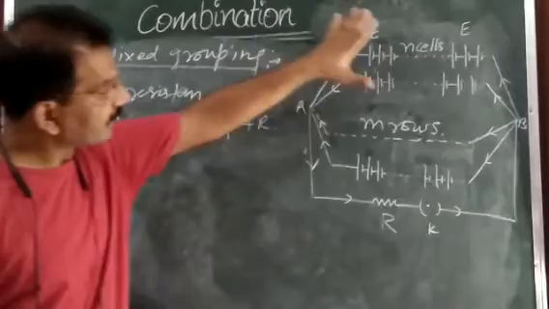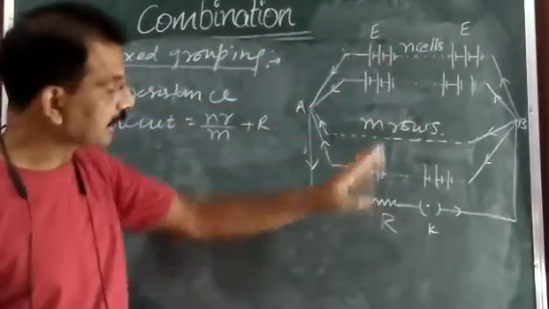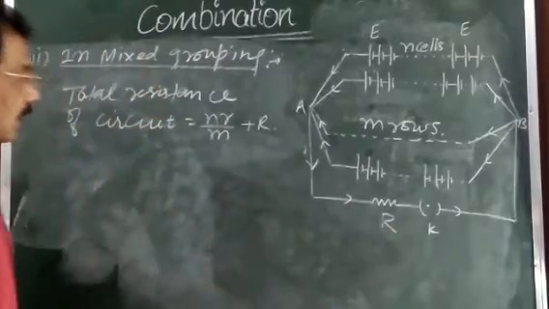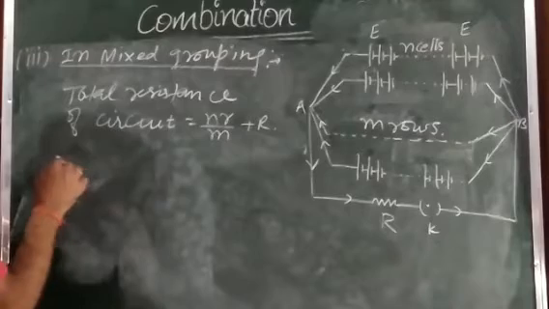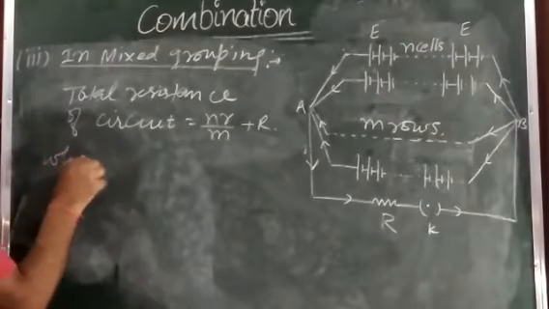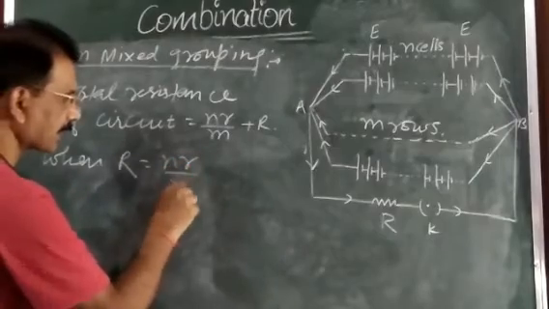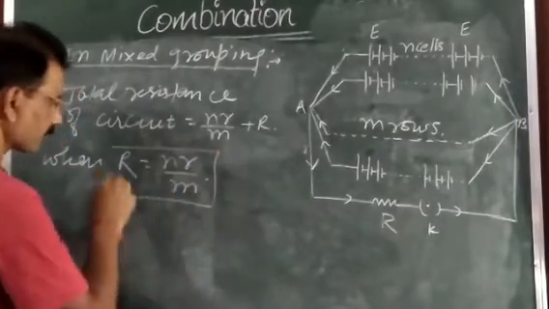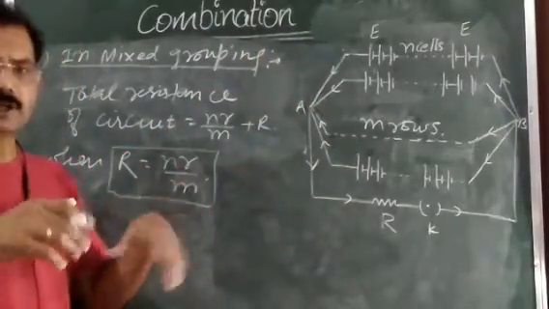And we prefer this mixed combination of cells for finding the maximum current in the external resistance when external resistance R is equal to nr by m. Here I am not giving the derivation; I am directly telling you the condition.